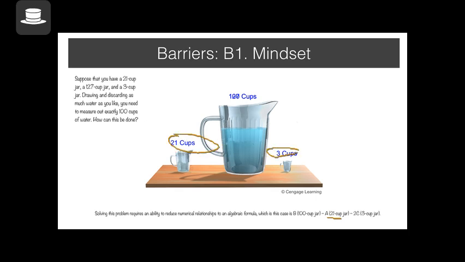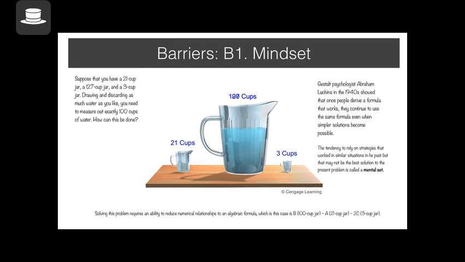The interesting thing about this problem is that in the 1940s, a Gestalt psychologist by the name of Abraham Luchins showed participants several problems of this sort, which the participants could solve by using this same formula over and over again.